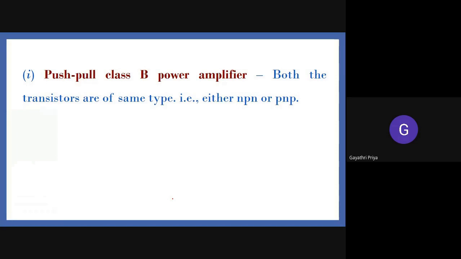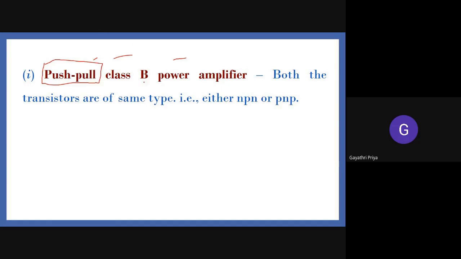The first one is the push-pull Class B power amplifier. From the name push-pull itself, we can identify that push means forcing inward, and pull means moving outward. That is push and pull.